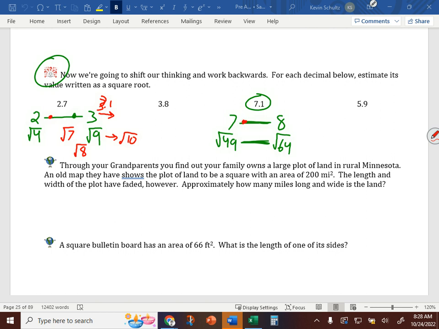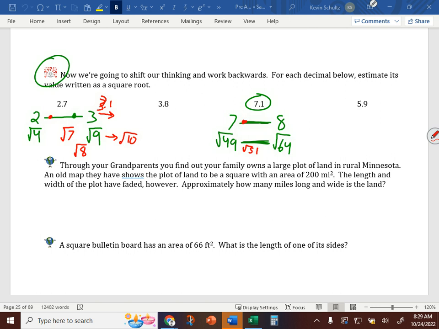I'm looking for something that's way over here. Root 51 would be a good estimation. What else? Root 50? Sure. Root 52? Yeah. Okay. So a little bit same idea, just kind of flipping that process there.